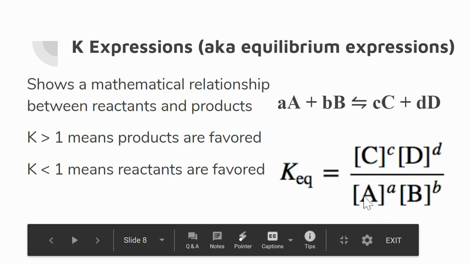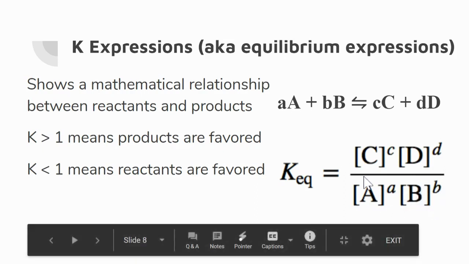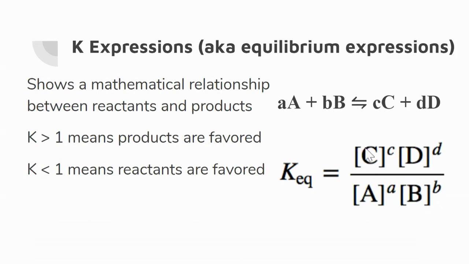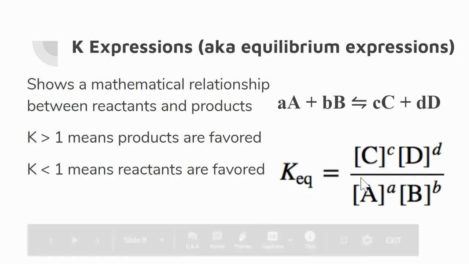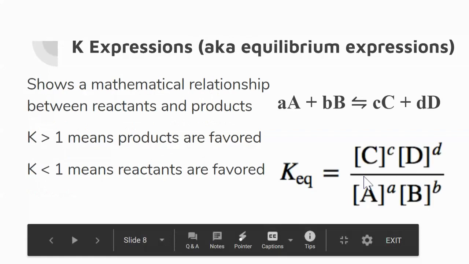So element A, concentration of that raised to its coefficient. Element B, concentration raised to its coefficient. So that is the general rule of thumb. So every single equation that we have with this equilibrium arrow, this two-directional arrow, is going to do products over reactants. That would be how we treat this all the time.